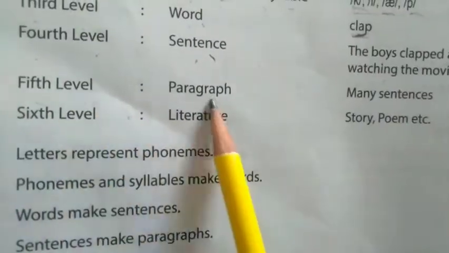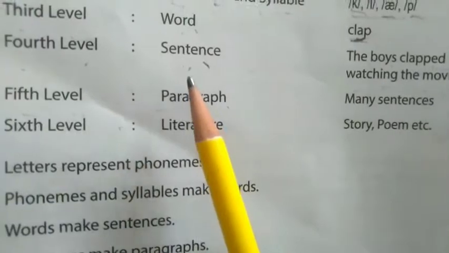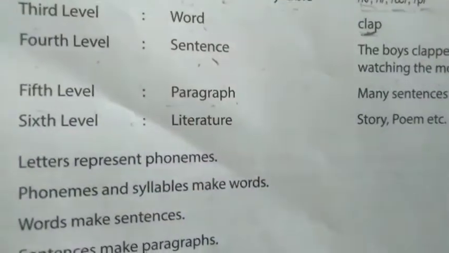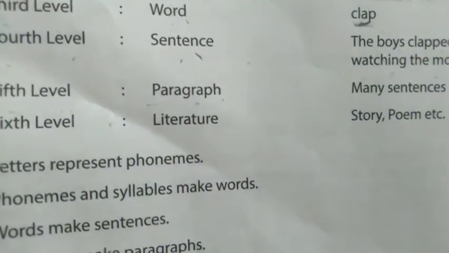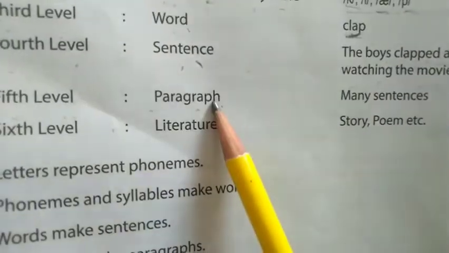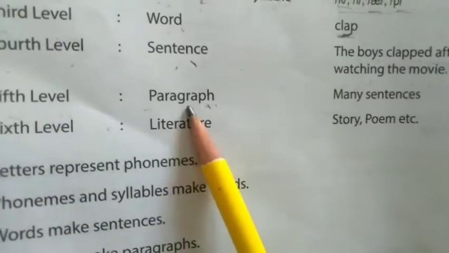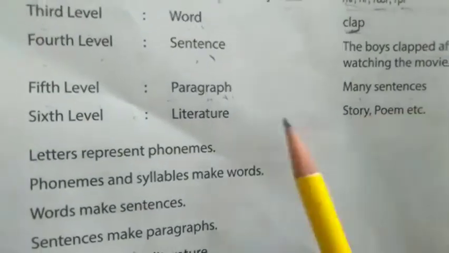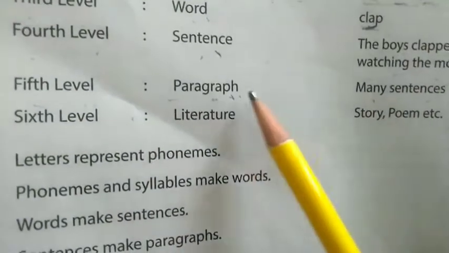Fifth level consists of the paragraphs. Once we write so many sentences together, one after the other, we get a paragraph. Okay. So paragraph consists of many sentences written together. Now so many paragraphs, they give rise to literature. Now sixth level is the literature part.